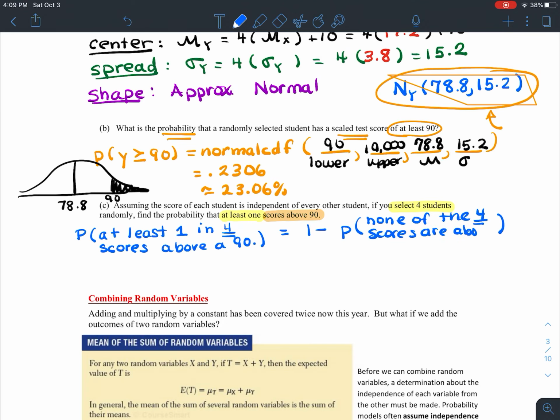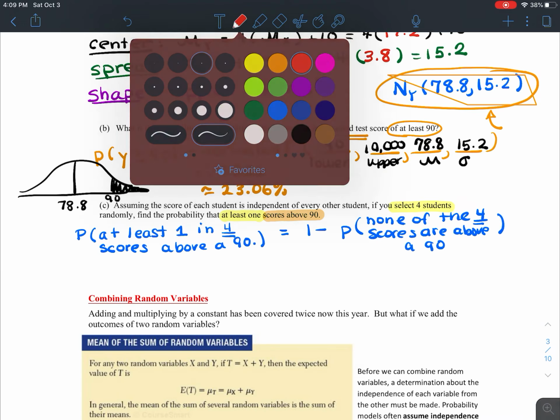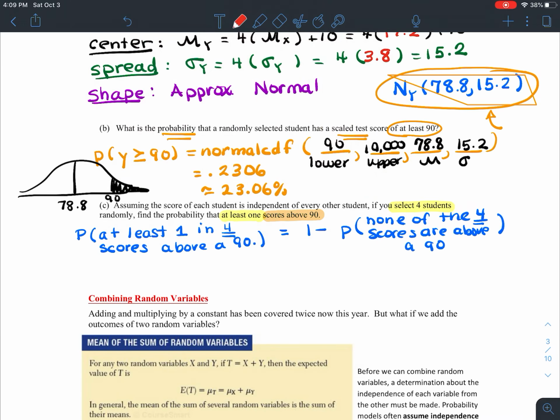When we see at least 1, that means 1 minus the probability that none of the 4 scores are above a 90.